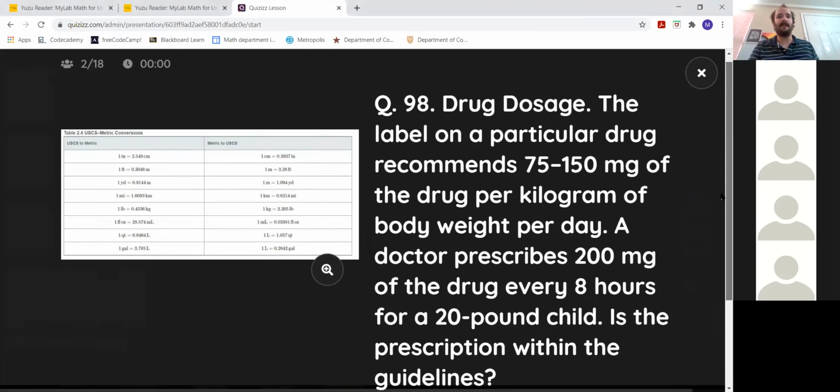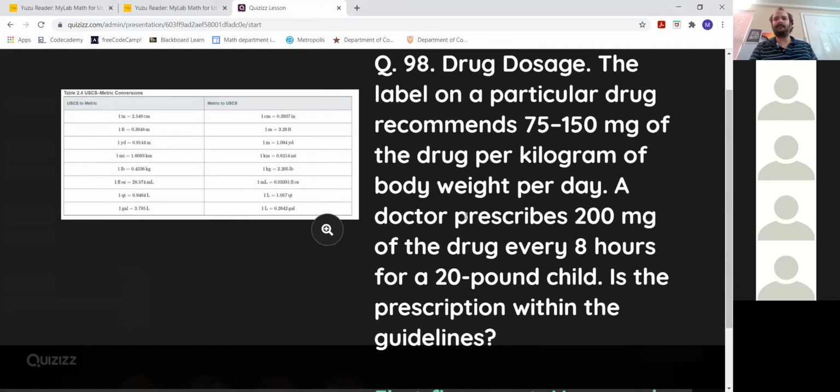Okay, where are we at? How to convert 20 pounds to kilograms. I think I'm dividing it by this number, right? I'm either dividing it by 2.205 or I'm multiplying it by the 0.45. It should get smaller. It should get like 9.07. So 600 divided by 9.07.